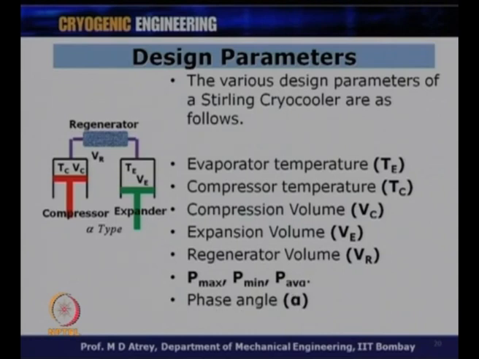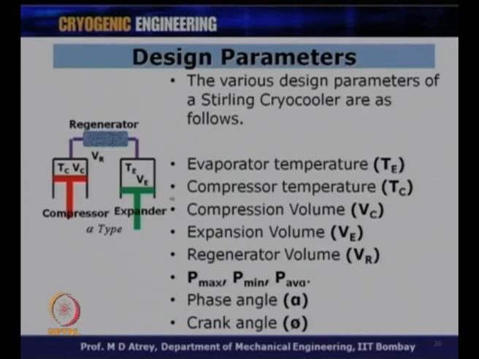So, phase angle alpha is very important, and we talk about crank angle. Suppose these drives are given by a crank, then we have a crank angle also. All this together forms the design parameters, and one has to know for how much cooling effect is to be obtained at TE, which becomes your starting point.